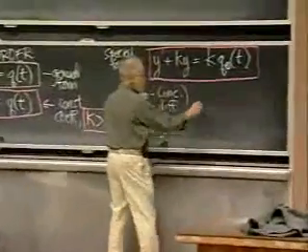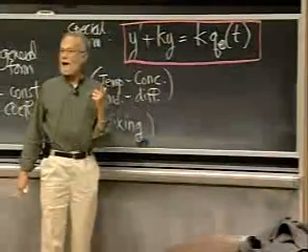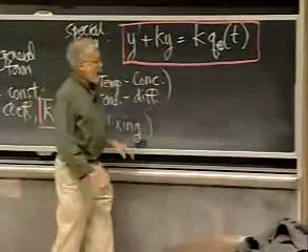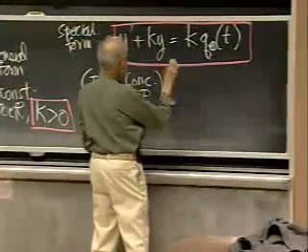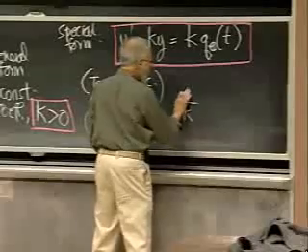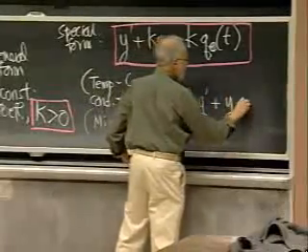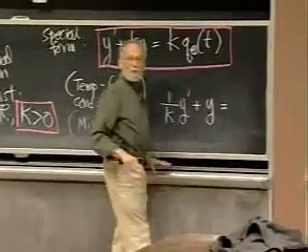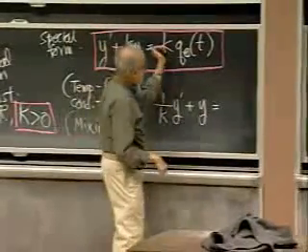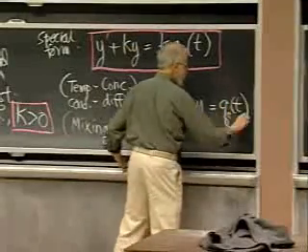By the way, this is often handled, I mean, how would you handle this to get rid of a k? Well, divide through by k. So this equation is often in the literature written this way. 1 over k times y prime plus y is equal to, well, now they call it q of t, not qe of t, because they've gotten rid of this funny factor. But I'll continue to call it qe.